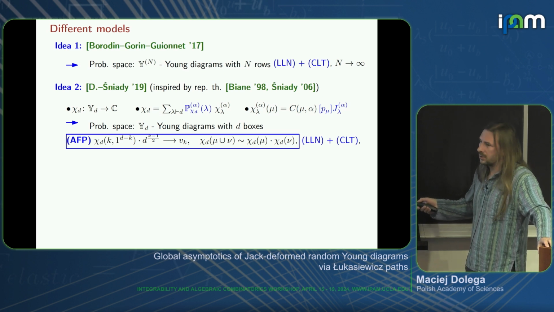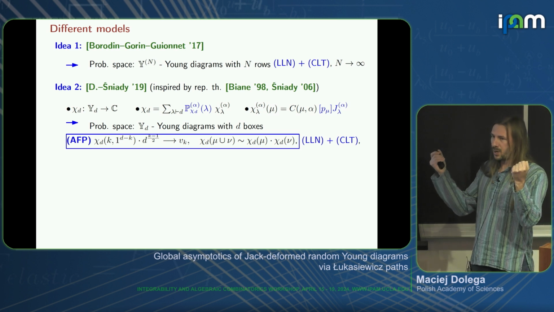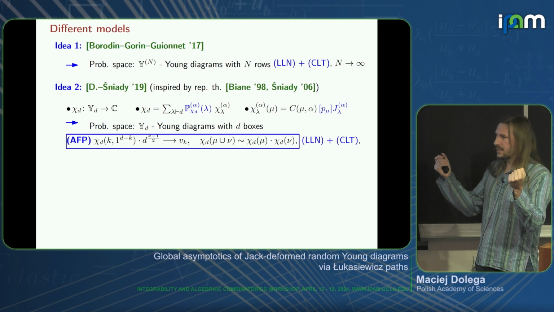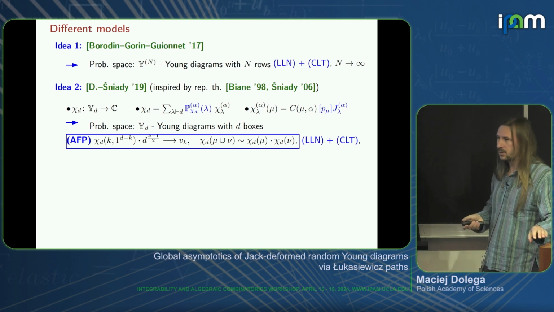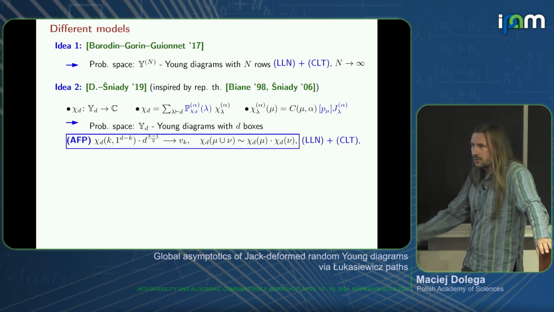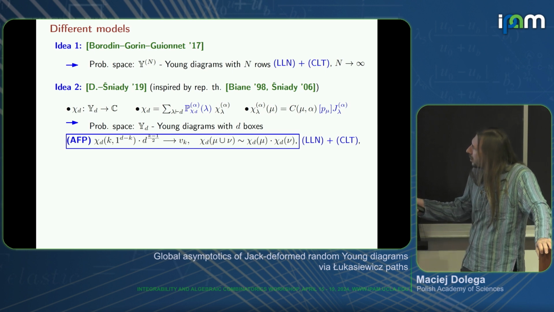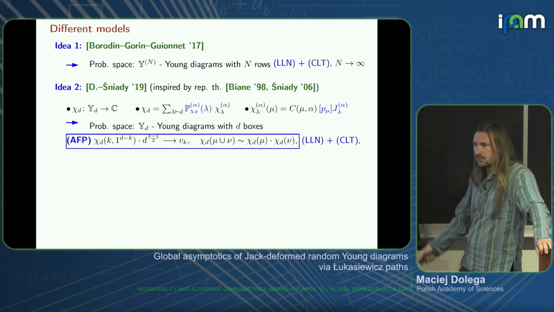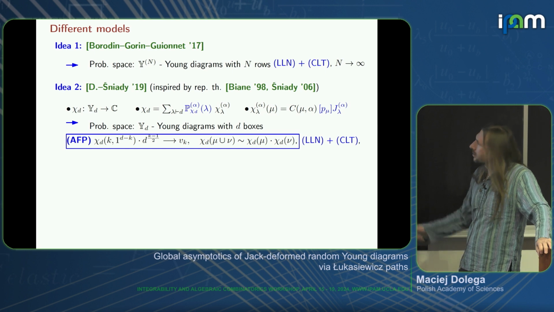And the second condition tells you that if you compute a character on two disjoint permutations, you want that asymptotically it will be the same as the product of two characters evaluated on these two permutations. And then Philippe Biane proved that once you have these two conditions, you have a law of large numbers, and then Piotr Śniady generalized this condition so that you can prove a central limit theorem. And we use this idea, and we basically try to extend it to the Jack case.